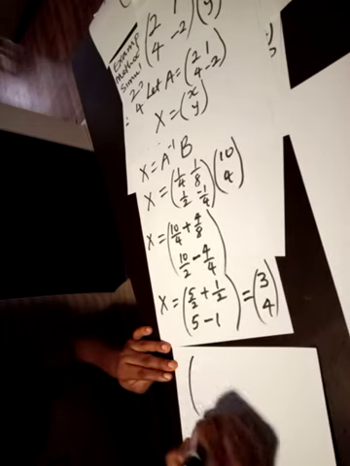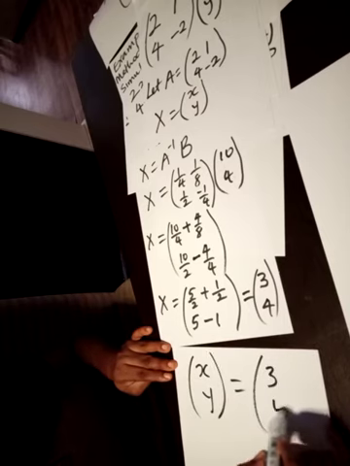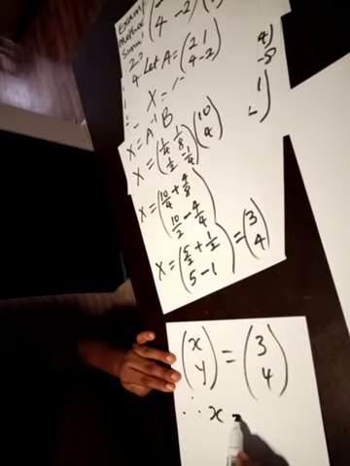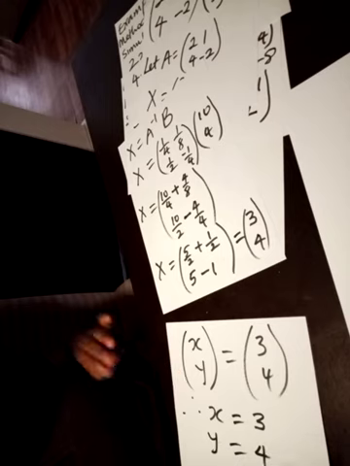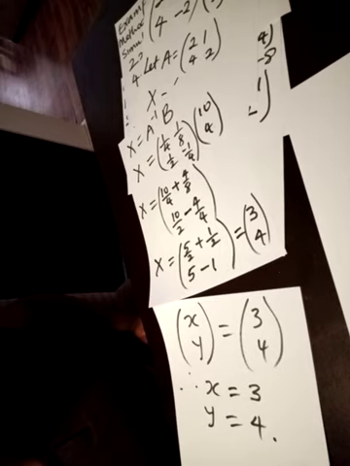My x and y equals 3 and 4. So therefore, my x is equal to 3 and my y is equal to 4. So that is how to solve simultaneous equations using matrices. Do you understand that? Thank you.